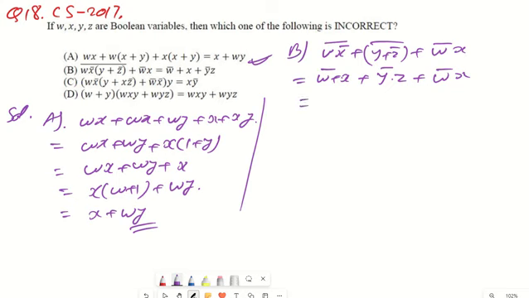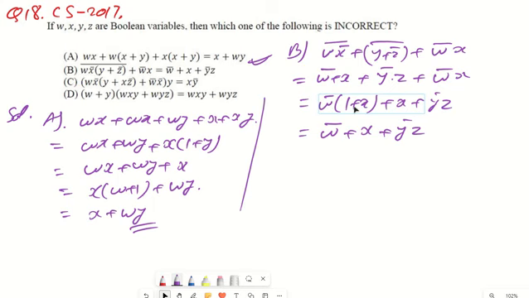Now I can see w bar I can take common from the first term and last term, so I can have w bar into 1 plus x plus y bar z. So this is going to give us w bar plus x plus y bar z. Why? Because 1 plus x is nothing but 1. Got it? So you can see this is actually matching with the second term as well. So I don't have to understand that the second is wrong, so this is also right.